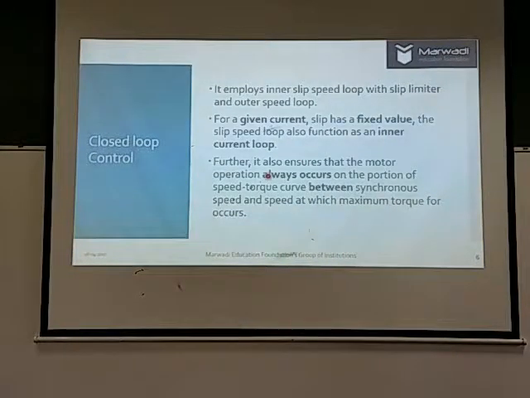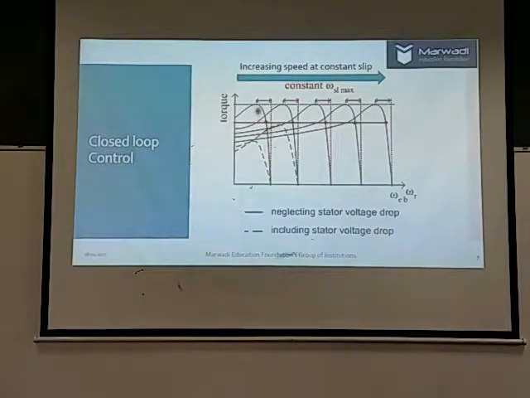Now it also ensures that the operation always occurs on the portion of the speed torque curve between synchronous speed and the maximum torque. So here we can see that the points of intersection shown are the points of operation. So when we start the motor, we can ensure that the same torque is maintained throughout the increase in the speed.